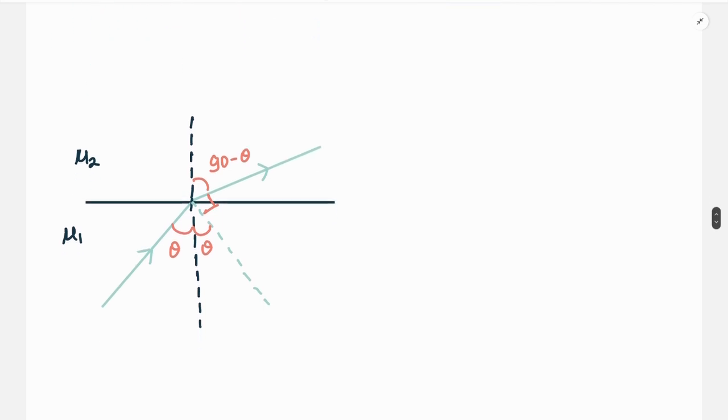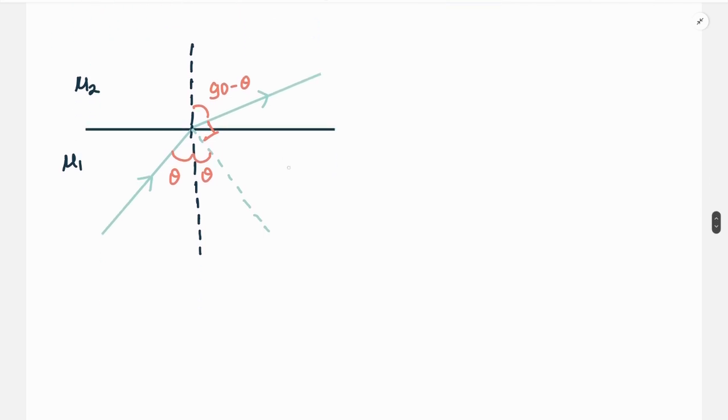Now for the second part, the question is again stating that as it is traveling from the denser to the rarer medium, the reflected ray and the refracted beam are perpendicular to each other.